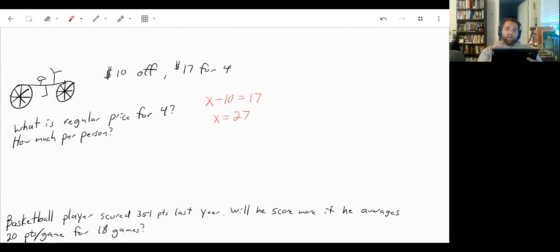Well, at that point, if we want to know how much each person would pay if it was a regular price thing, we then have to divide that 27 by 4, and that's going to come out to, I believe, let's see, 27 divided by 4.